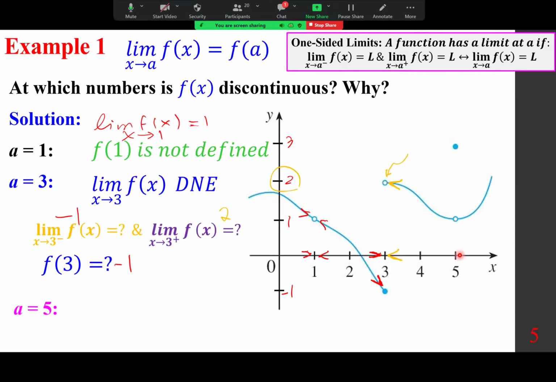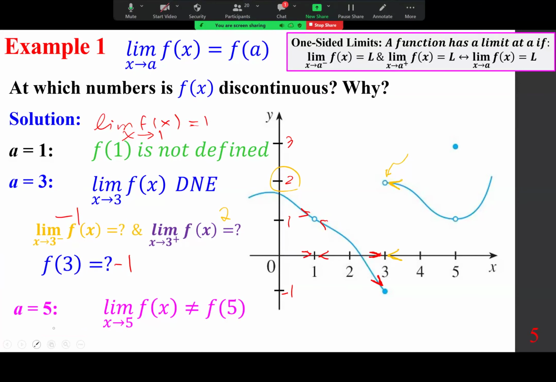The function is discontinuous at a equals 5, or x equals 5. Why is that? Because the limit of f of x as x approaches 5 is not equal to f of 5, the functional value at 5. Let's see why.